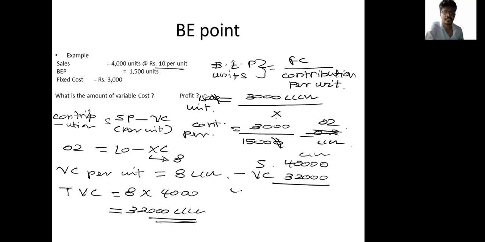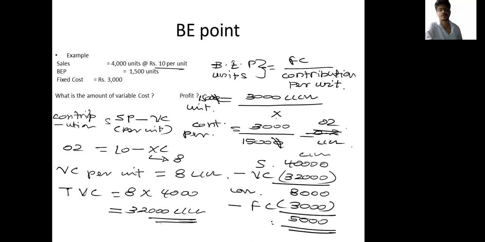That means total contribution 8,000, minus fixed cost. Fixed cost here 3,000. That means profit 5,000. Is that the answer which you got?